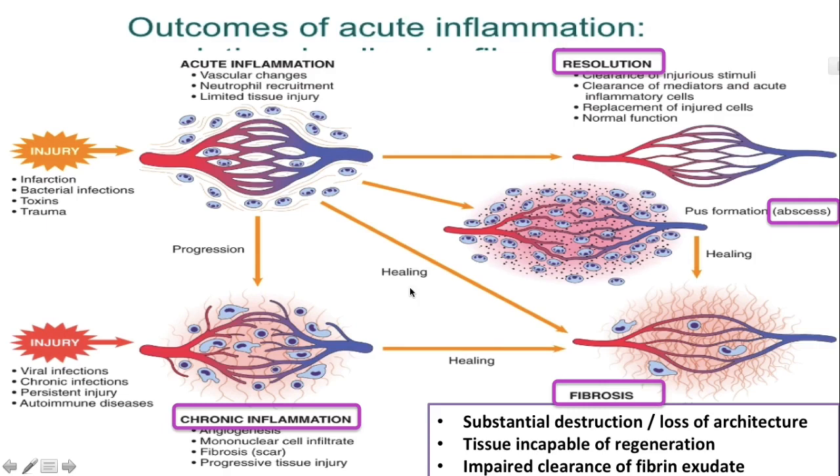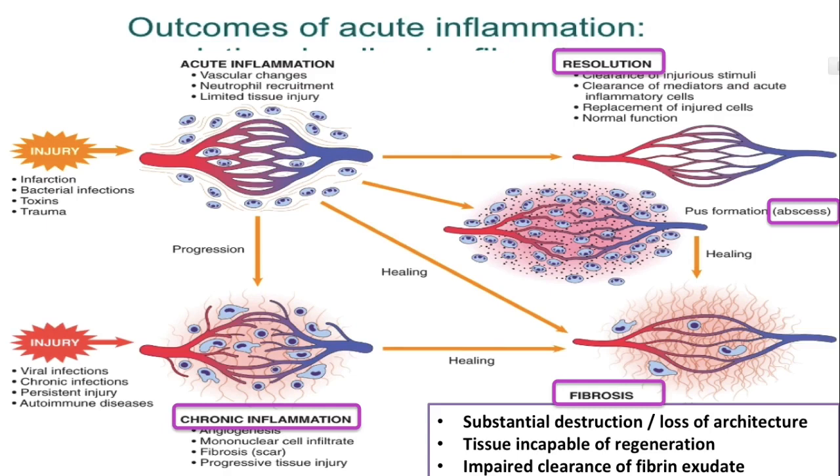If the inflammation involves tissues which are incapable of regeneration or have minimal capability of regeneration, so in permanent tissues and in stable tissues, they do not have the same capacity to regenerate as labile tissues would. So they also have the tendency to heal by fibrosis.